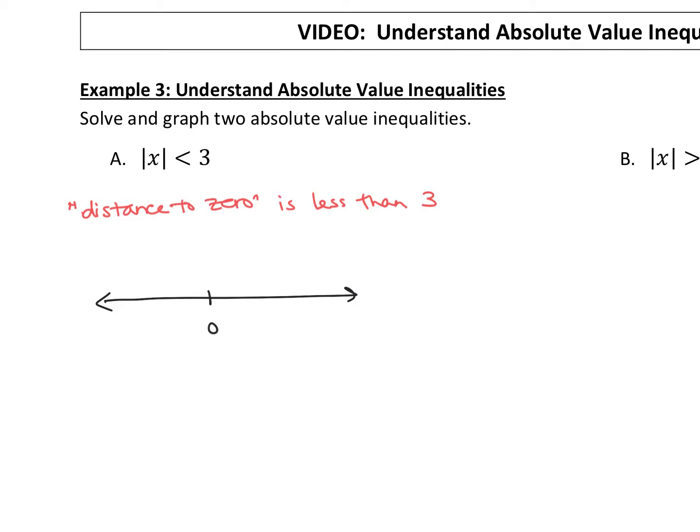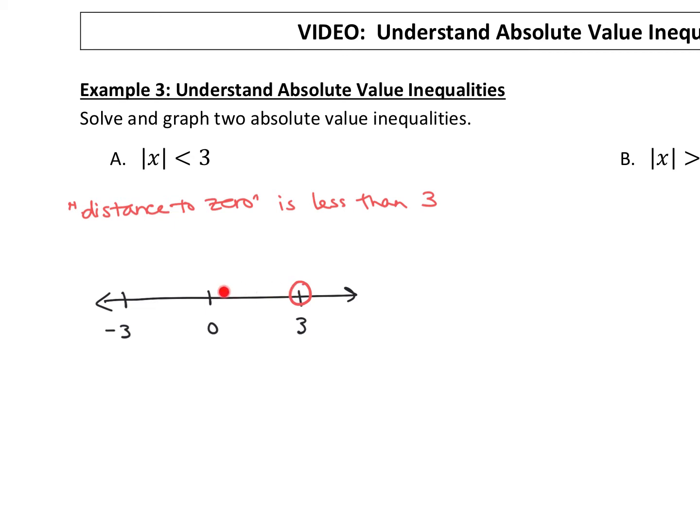Here's 0. I know that I can go 3 away to the right, and I can go 3 to the left. So let's say I'm 3 to the right. The distance is less than 3, so I can't include the 3. I'm going to have an open circle. And then what distances are less than 3?